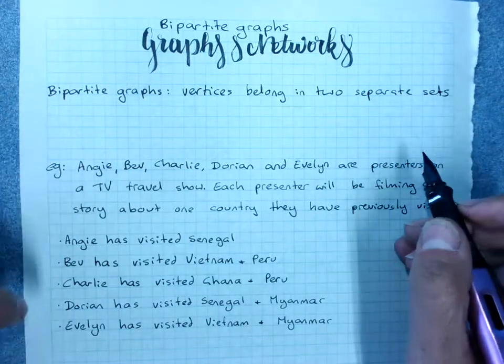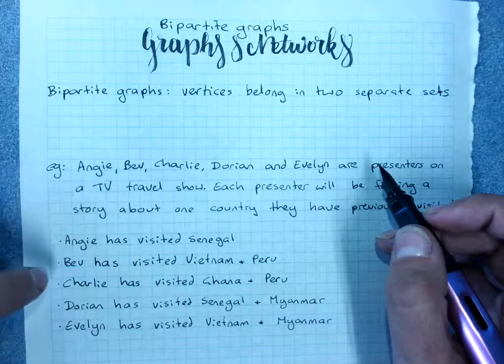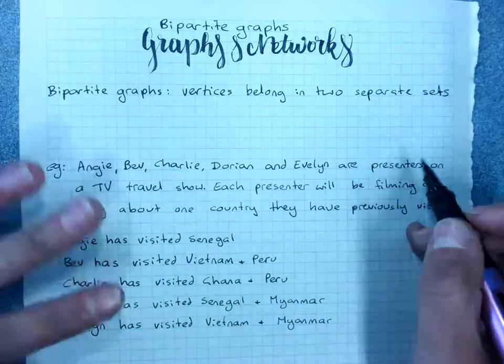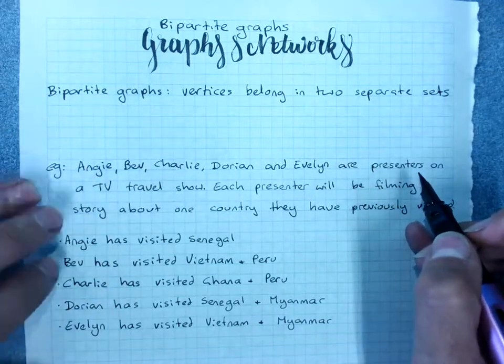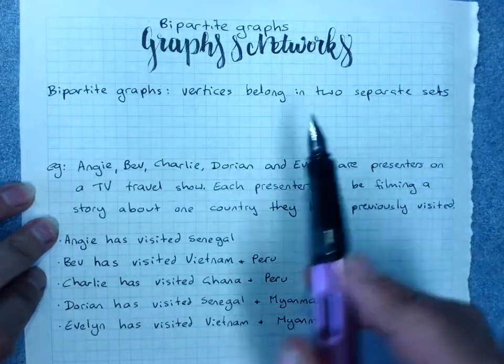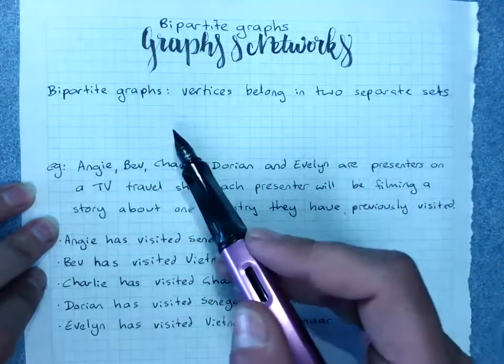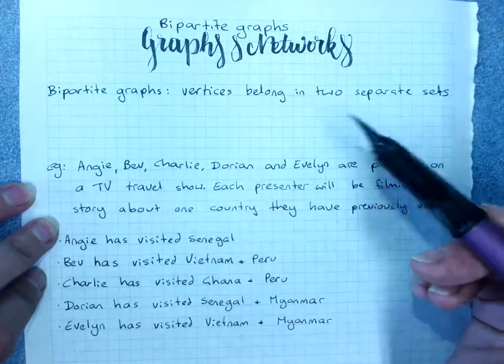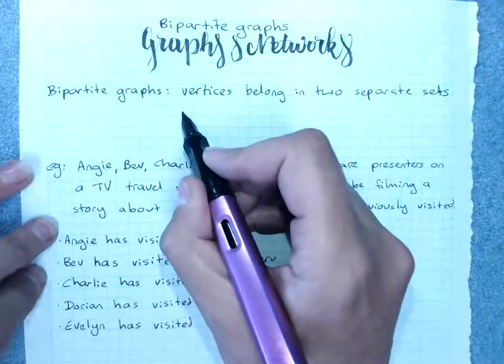So, matching players from two different teams to play each other or something like that. Each edge in a bipartite graph joins a vertex from one group to a vertex in the other.